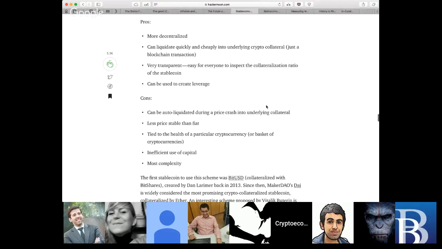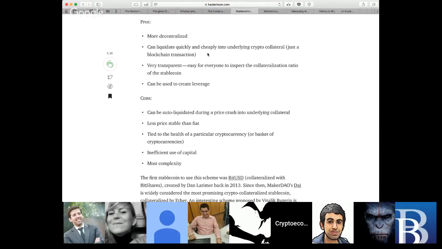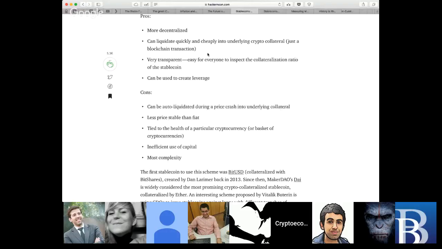Mm-hmm. Okay, thank you. So it is very transparent, again, because we are here 100% in the blockchain space, and there's no connection to anything else. And it can be used to create leverage. So this is a use case, if you will, that you can use when everything is on the blockchain.